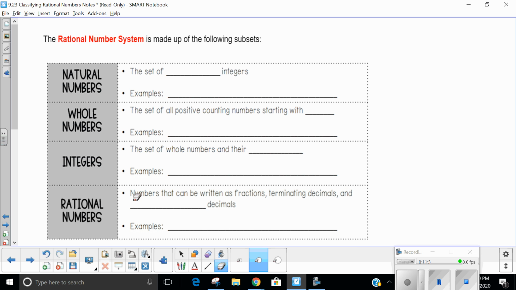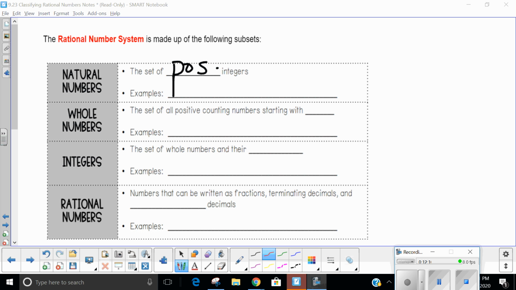The natural numbers are the set of all positive integers.